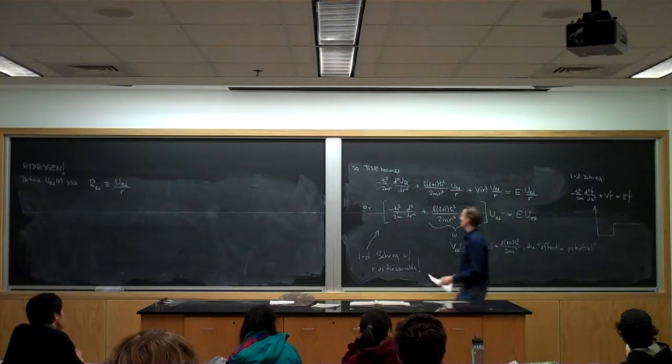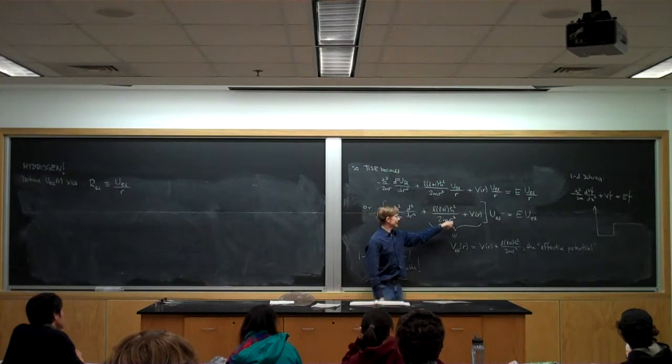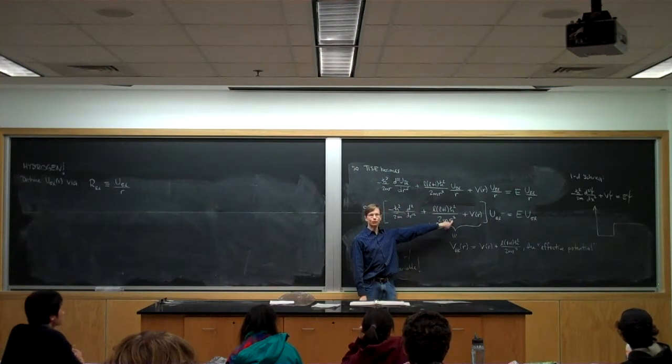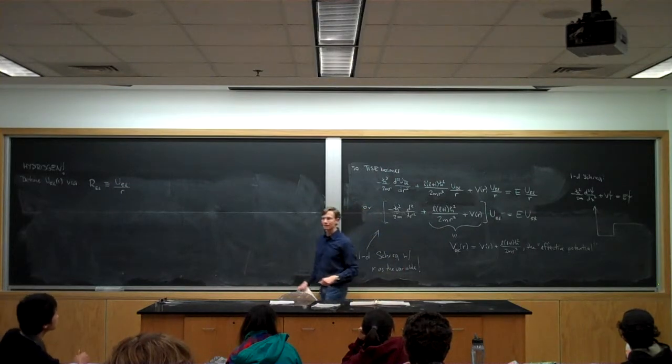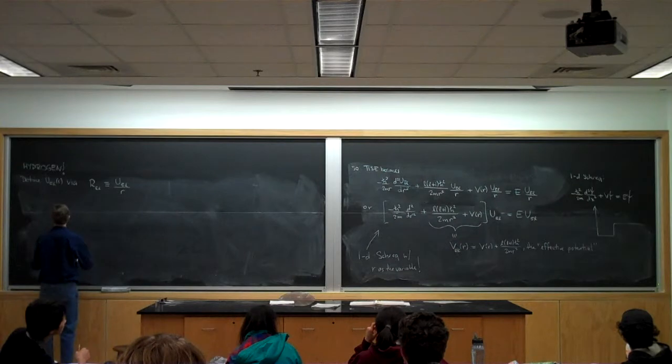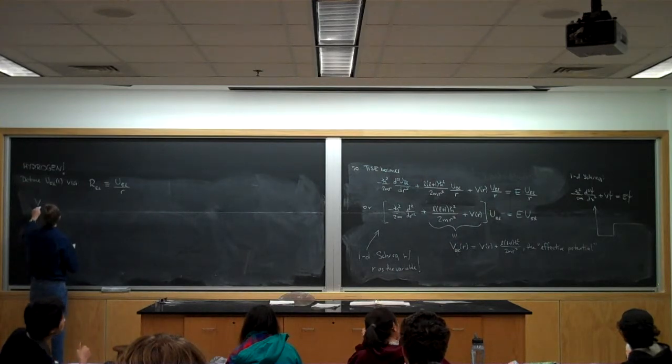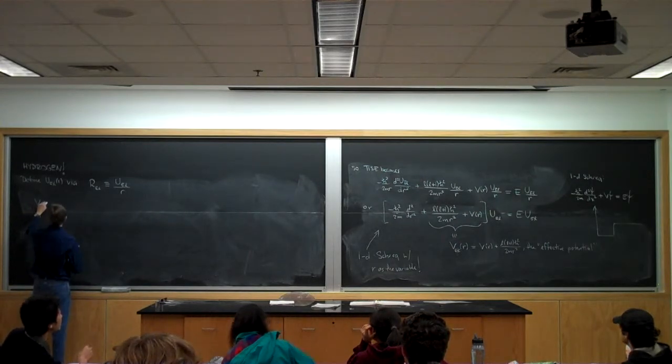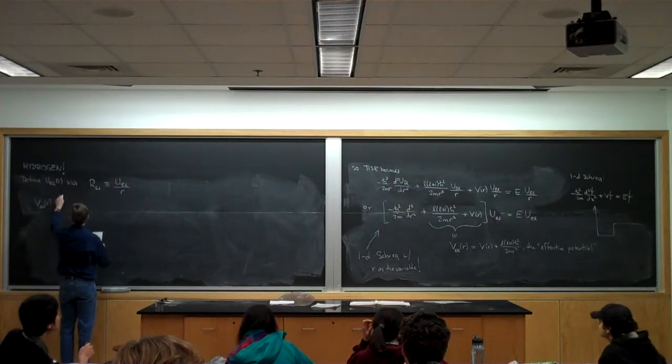That's effectively what you've done here, by saying there's a 1 over r squared that blows up as you approach the origin. So let's sketch V effective, the effective potential, as a function of r.